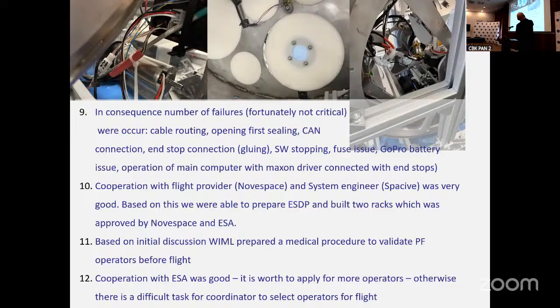As you see, due to my mistake in the replacement of the container, we opened one of the seals. This was actually the first experiment on the aircraft with 10 kilograms of regolith, and the aircraft provider was really worried about this situation.